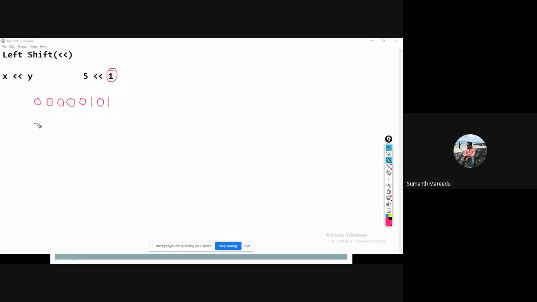You require 8 positions here. So I'll start shifting. The first position value is placed in the second position, second position value in third, third in fourth. Like that, I simply shift. And the leftmost bit is simply ignored, unless it is 1, then I consider it.